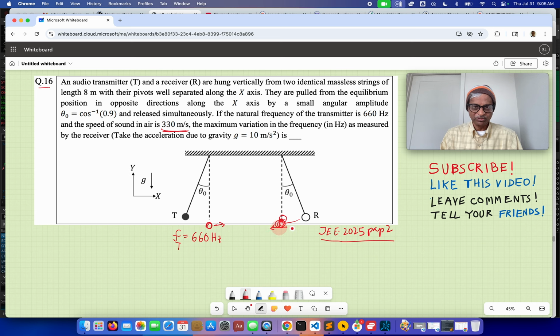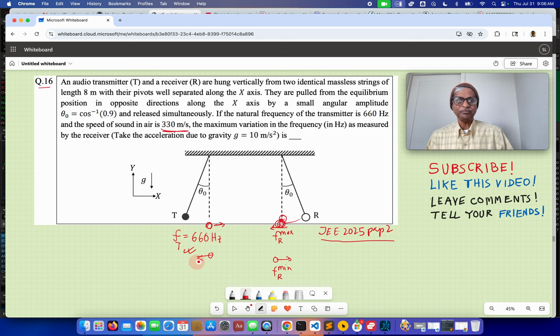So they're both going towards each other, and this one is still emitting at the same frequency, but the receiver will detect something not the same as that. This is the situation which will be max. Then they swing back, and there will be a time when this is going this way and this is going that way, and then the receiver will receive the min.